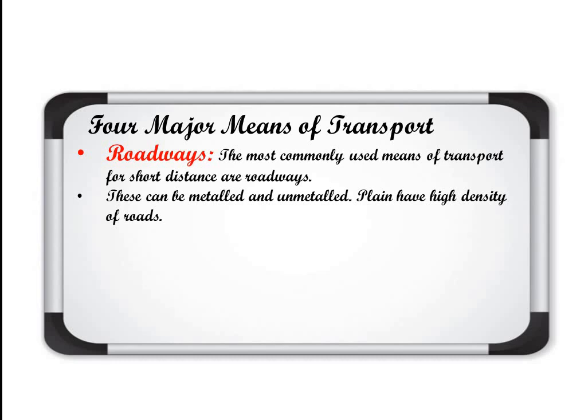At present, even in villages metalled roads are found, because as development goes on, the people in rural areas are also educated, and they are also getting facilities from the government. And plains have flat areas, so obviously it is easy to construct roads there, which is why the density of roads is high in the plain areas.